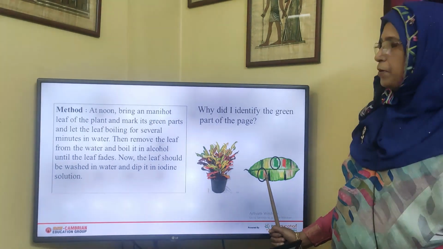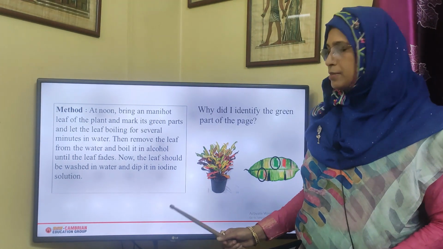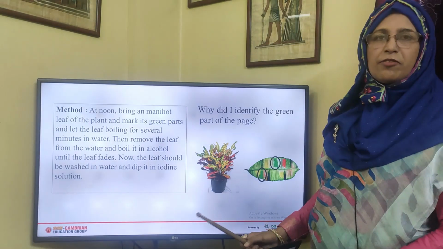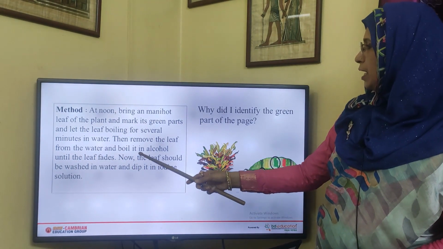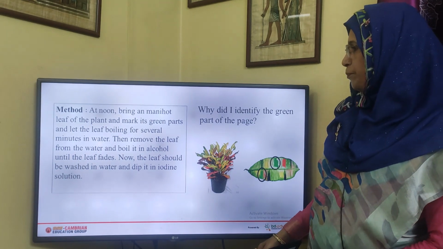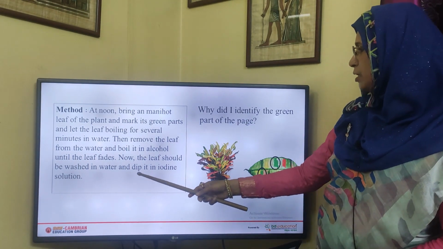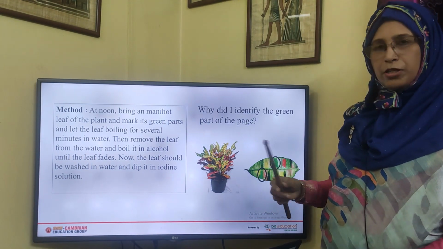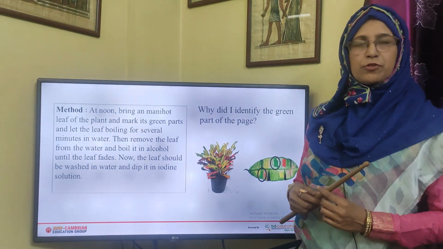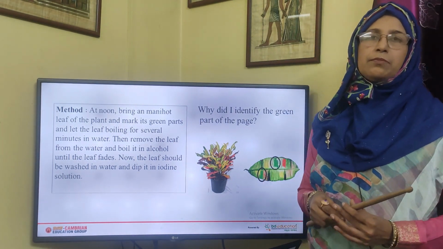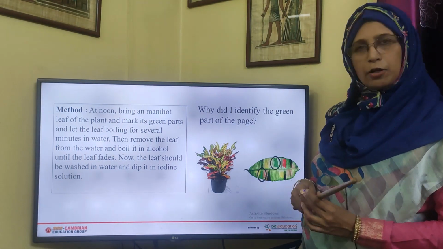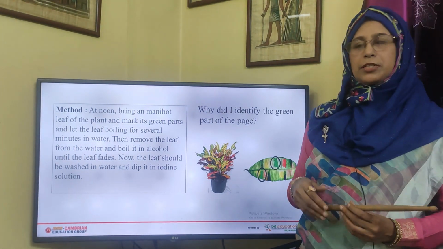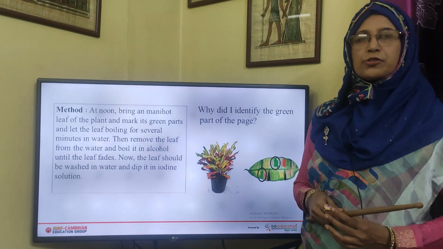Then the leaf will be boiled several times, first in water, then in alcohol, then washed in water and dipped in iodine solution.